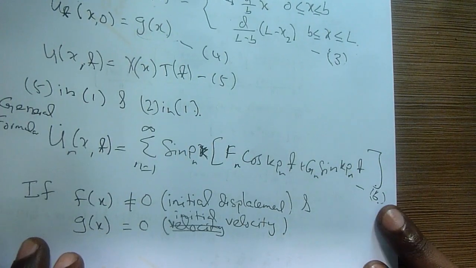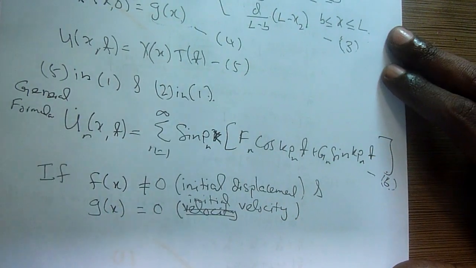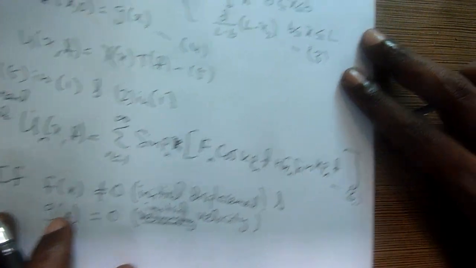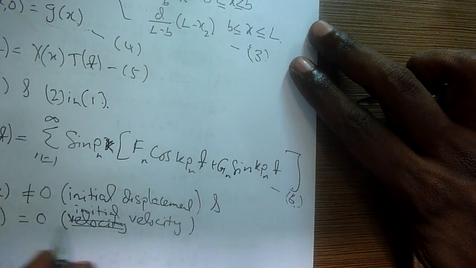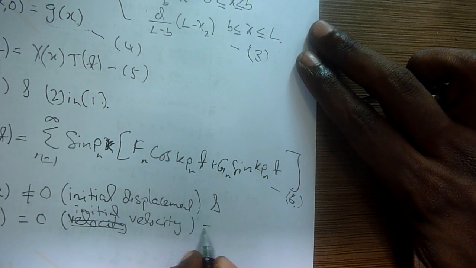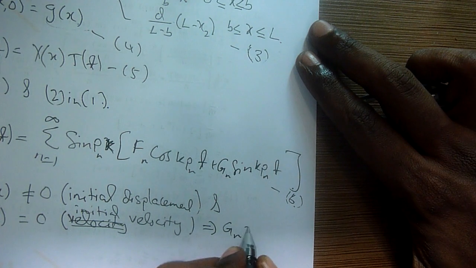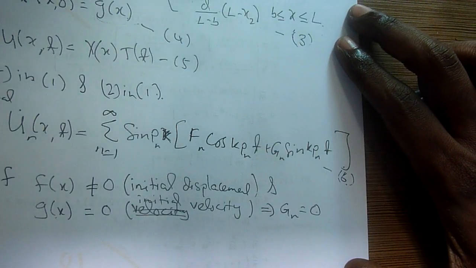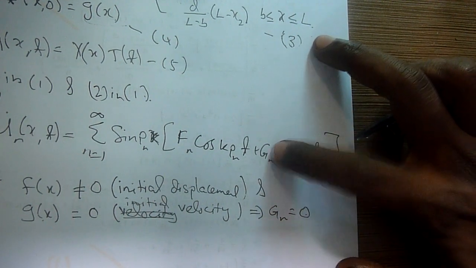The initial velocity is 0. Then what is the idea of it? If the initial velocity is 0, then automatically this will give you Gn equals 0. You don't need to test, you can just assume that Gn equals 0.